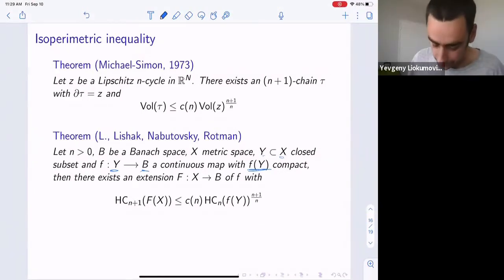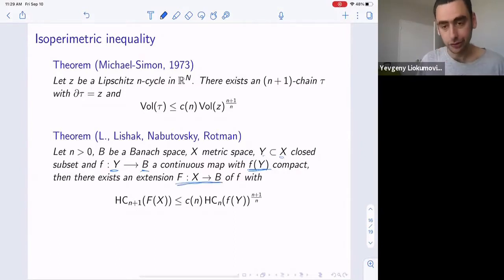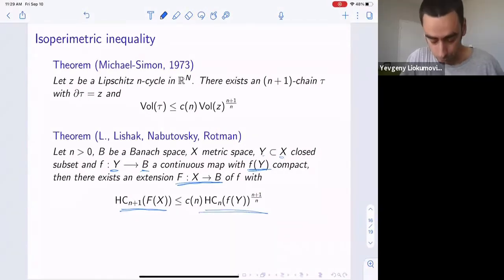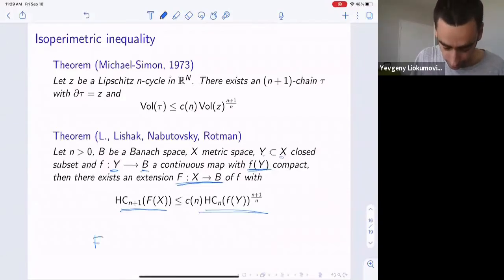So assume that the n-dimensional Hausdorff content of F is not zero, then we can construct the extension to the map from all of X into the Banach space, and the n plus 1 dimensional Hausdorff content of F of X is bounded by the n-dimensional Hausdorff content of little f of Y. F restricted to Y is equal to f.